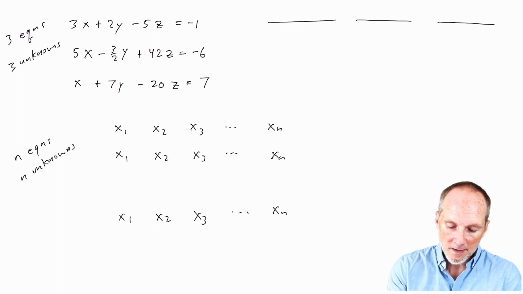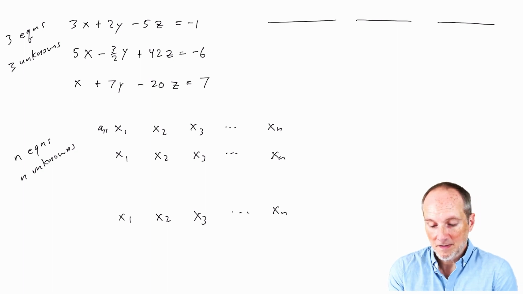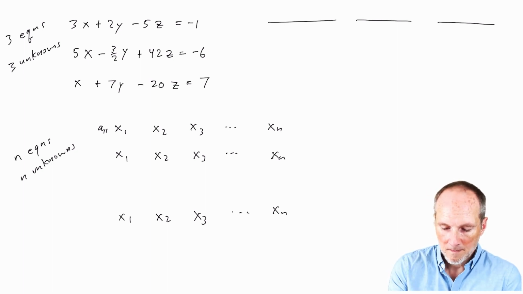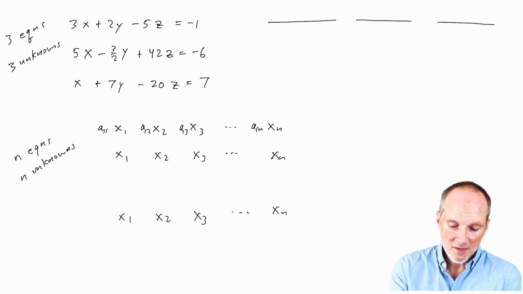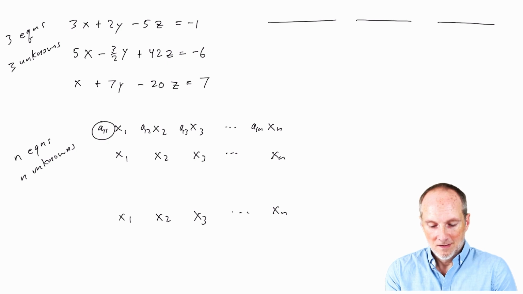And so what I would do is I would just have some notation to stand for coefficients. So for example, in this first one, I have a with a double subscript. There's a 1 and a 1. That's not an 11.